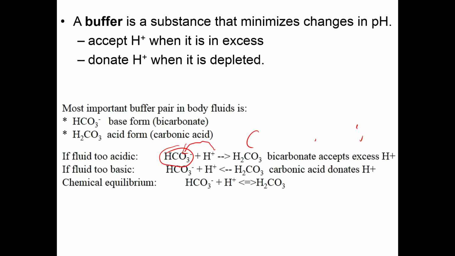Now, what happens if it becomes too basic? If it becomes too alkaline, your carbonic acid can release protons back into the solution, back into the blood, so that the pH drops back towards its normal range.